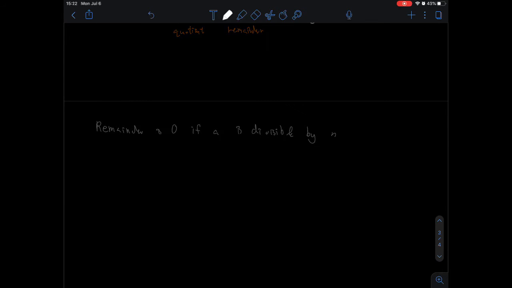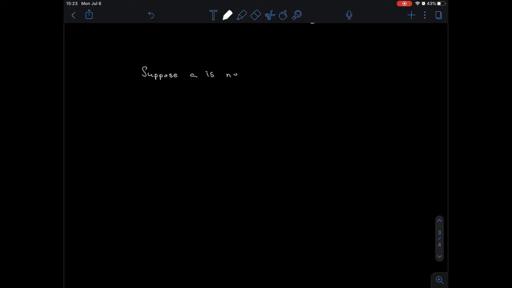Now let's suppose a is negative. For example, you wish to divide negative 38 by 5. You can trap negative 38 over 5 between two consecutive integers as follows.